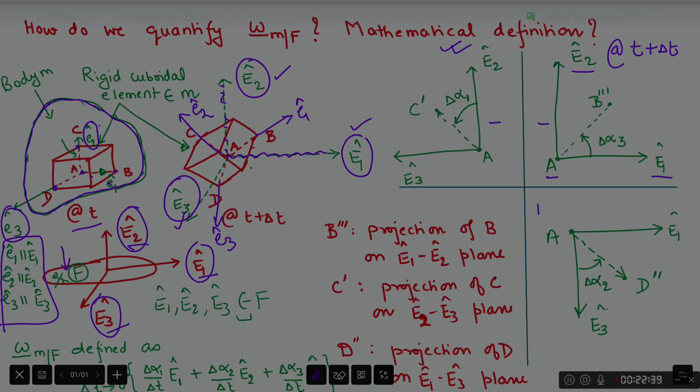So B, in general, will be out of the plane of A, E1 and E2. However, we can take the projection of B on this plane. I am calling that point where I get the projection of point B as B triple prime.